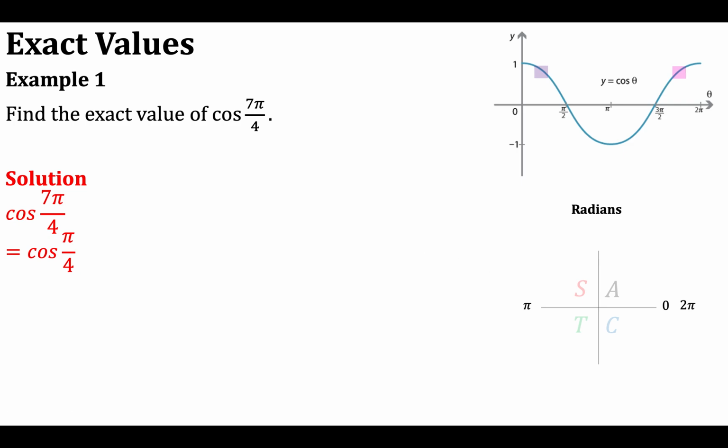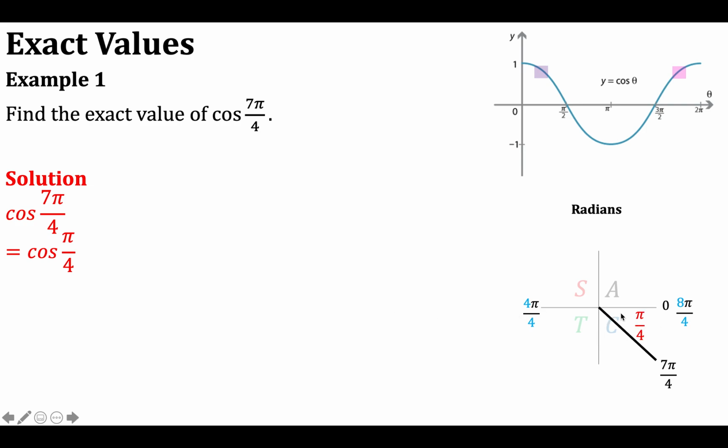So instead of pi and 2 pi, I am going to express those as 4 pi over 4 and 8 pi over 4. So that lets us deal with the fractions a wee bit easier. So 0, and we go all the way around to 7 pi over 4, which is here. Remember, it's always the distance away from the horizontal, which is pi over 4 in this case. So it's 8 pi over 4 minus 7 pi over 4, which is 1 pi over 4.